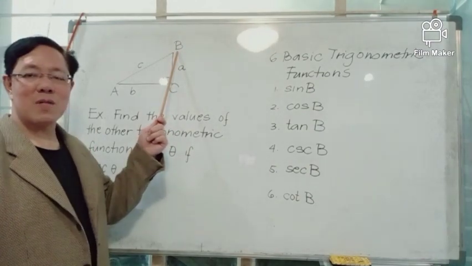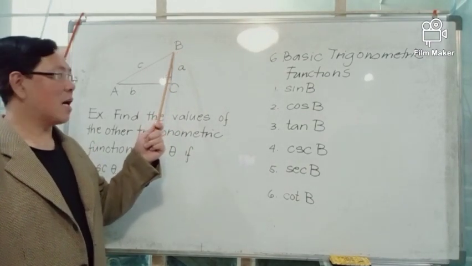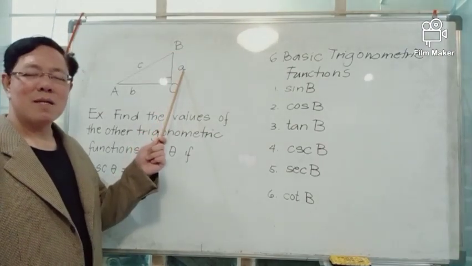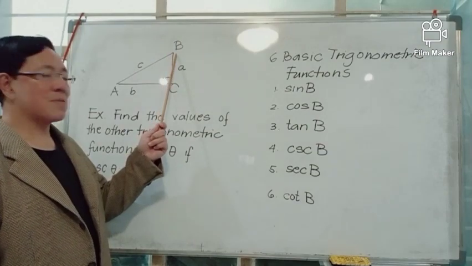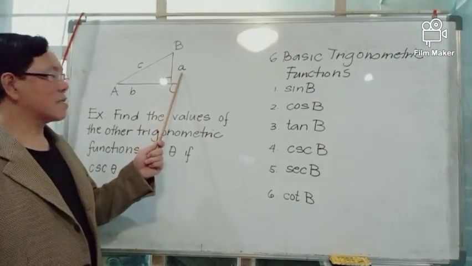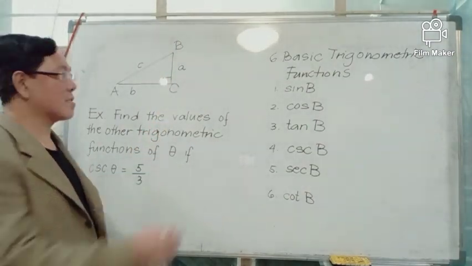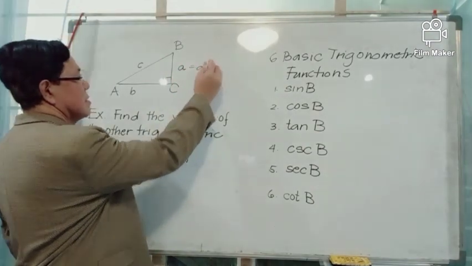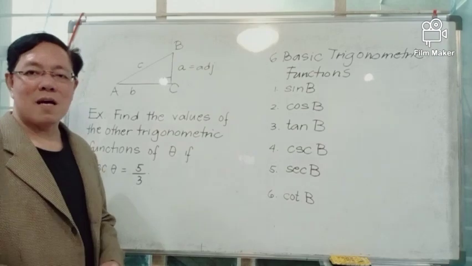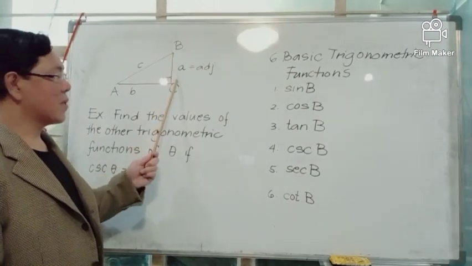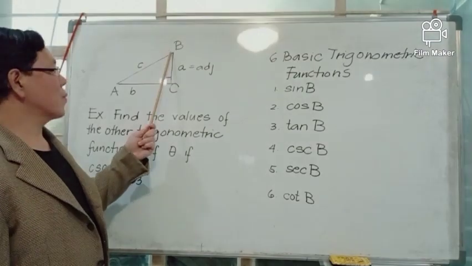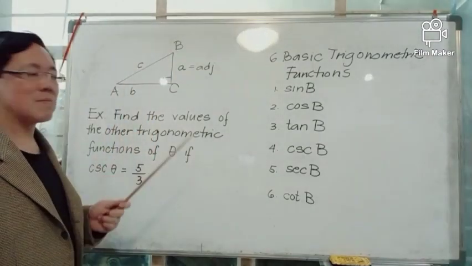With reference to the acute angle B, the side adjacent to angle B is small a, the side through the vertices B and C. This is the adjacent side. It is the side of the right triangle that forms the acute angle B with the hypotenuse.